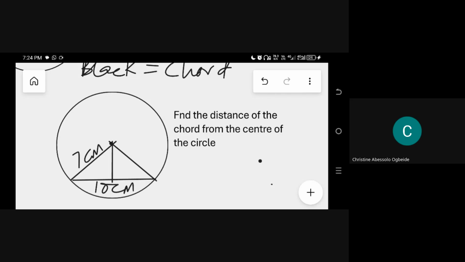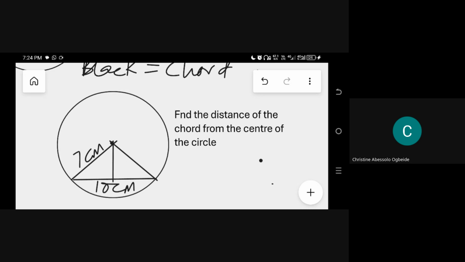Look at the center of the circle, the dot at the center of the circle. So where in this diagram are you actually looking for? I told you there are three lines: radius, chord, and distance of chord from the center of the circle. So which of these lines are you looking for? Find the distance of the chord from the center of the circle.